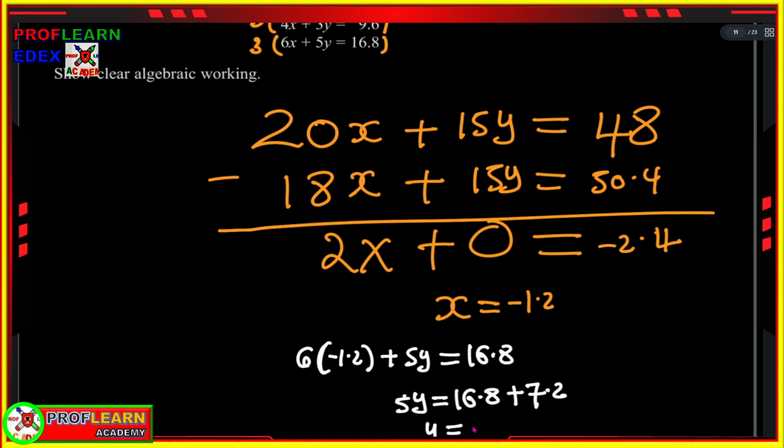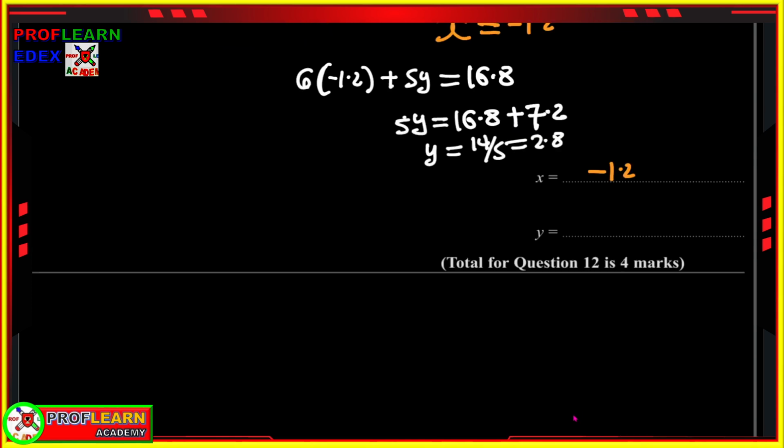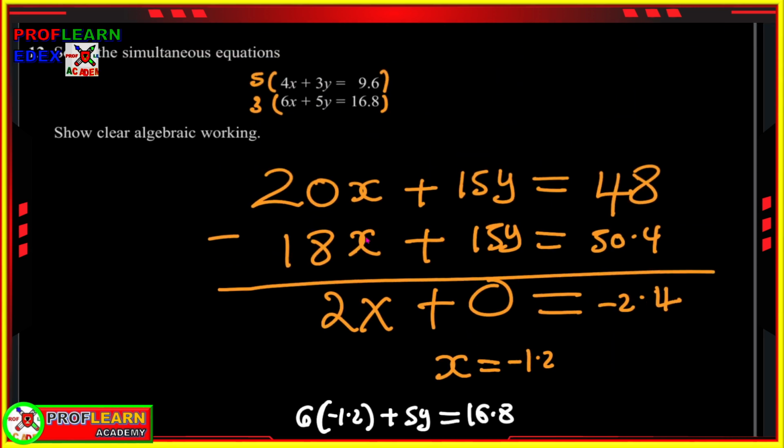Y is equal to 14 over 5, which is equivalent to 2.8. Yeah, I need to check this part, whether that is okay, because we were having 16.8.